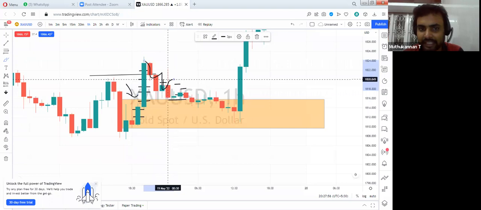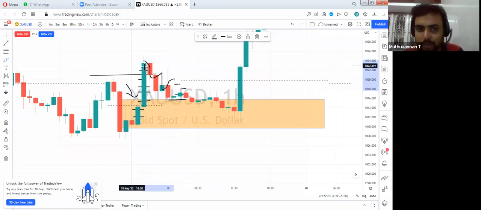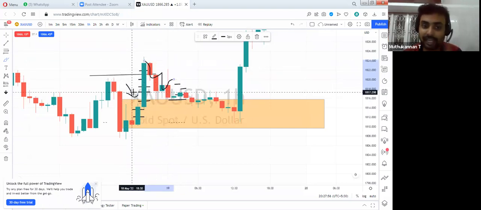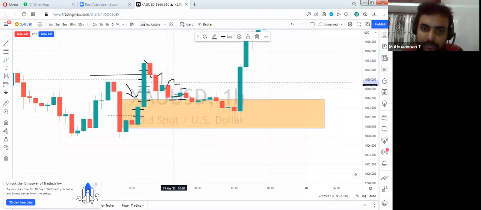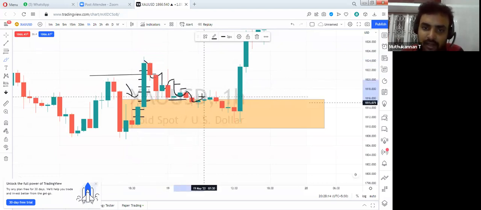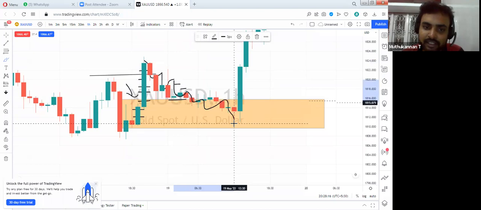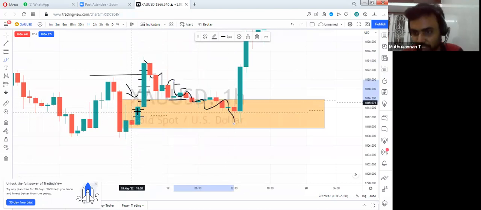By the way, they will be taking their stop losses first. If you guys didn't put your stop loss, then they'll be taking your entire capital from your account. They'll be taking your money, and eventually they will touch this order block, and they will close this position also.